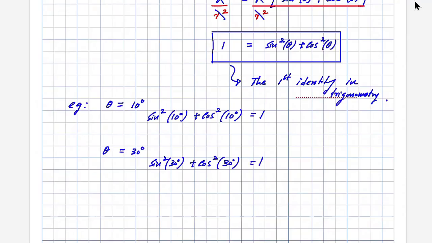Likewise, you can go with any number. For example, theta is 90 degrees. Still sine squared 90 degrees plus cos squared 90 degrees is equal to 1. So that's why we say this is an identity. Whatever angle you use, this identity holds true.